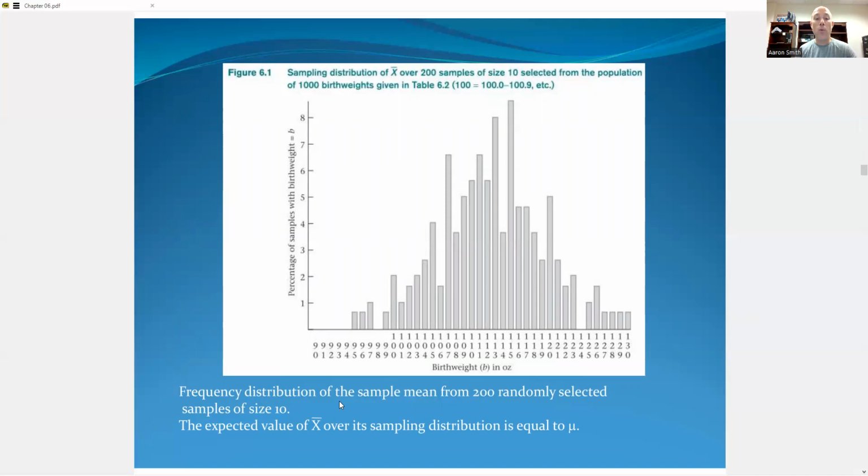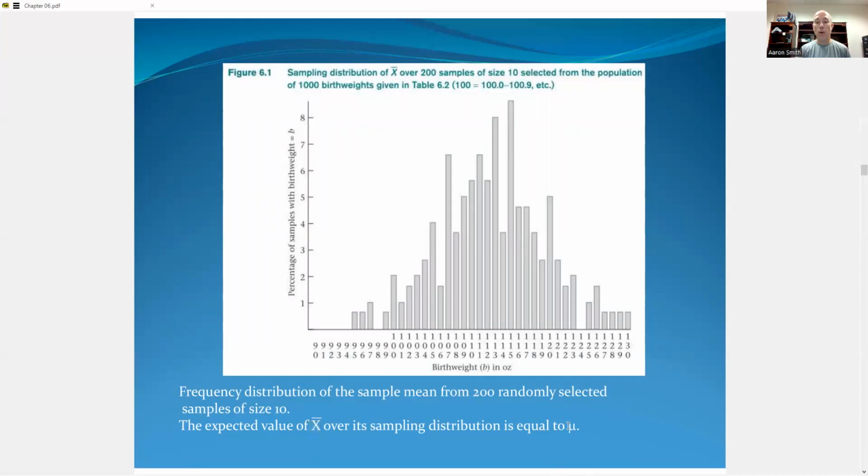All right, so here is a frequency distribution of the sample mean from 200 randomly selected samples of size 10. The expected value of x bar over its sampling distribution is equal to mu. What this is saying is that the population average of the sample average is equal to the population average of the data that we are collecting from.